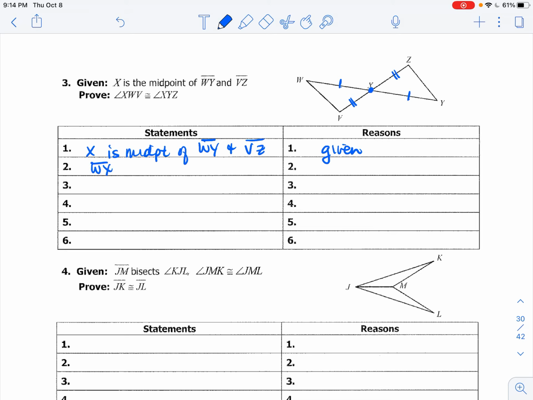Well, WX is congruent to XY, that's because of the definition of a midpoint. Midpoints are exactly in the middle of a segment, and so they have two congruent parts. We can say the same thing for VX being congruent to XZ, definition of a midpoint.